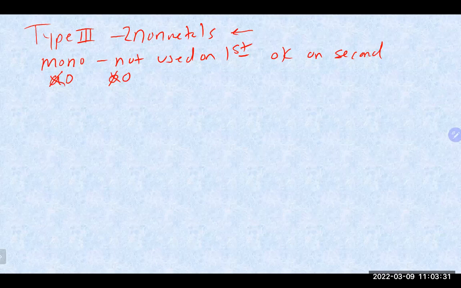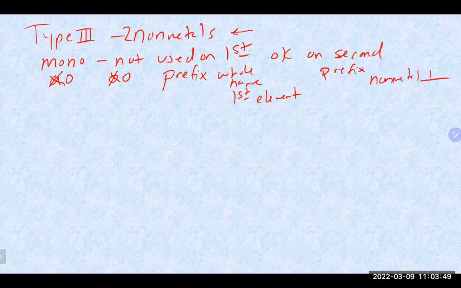Other than that, it's basically the appropriate prefix if needed, and the whole name of the first element, and the second one gets the normal nonmetal treatment where it ends in IDE. So again, these are pretty straightforward. Write the prefix and write it down.